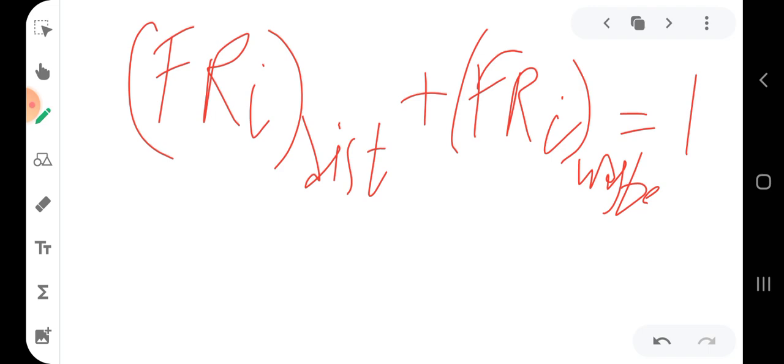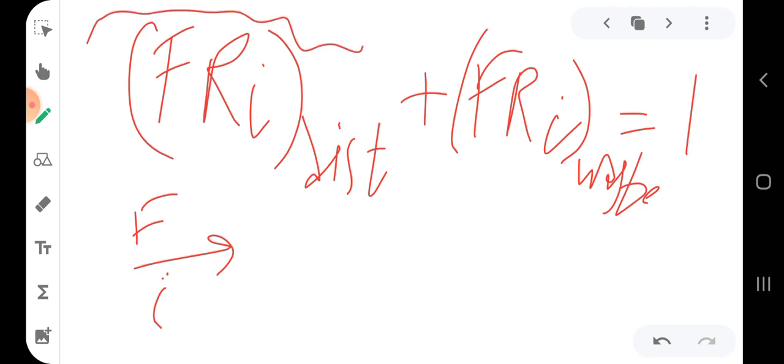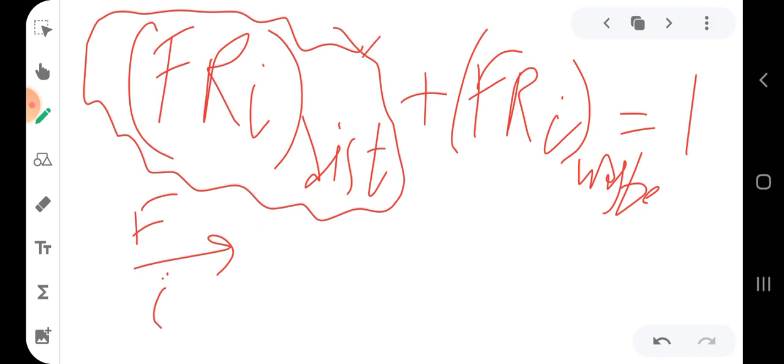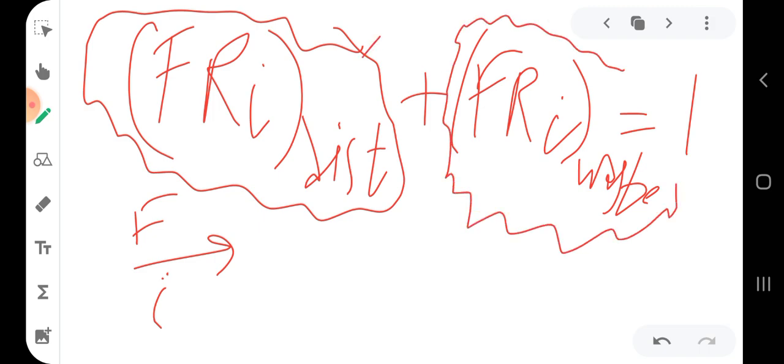Because if we have a feed with a specific component I, and we are assuming a steady state process, nothing will be accumulated inside the column. So whatever we are feeding of this component I, part of it will be recovered in the distillate, especially if it is a light component, and the other part will be recovered in the waste. So the summation of these fractional recoveries will be 1.